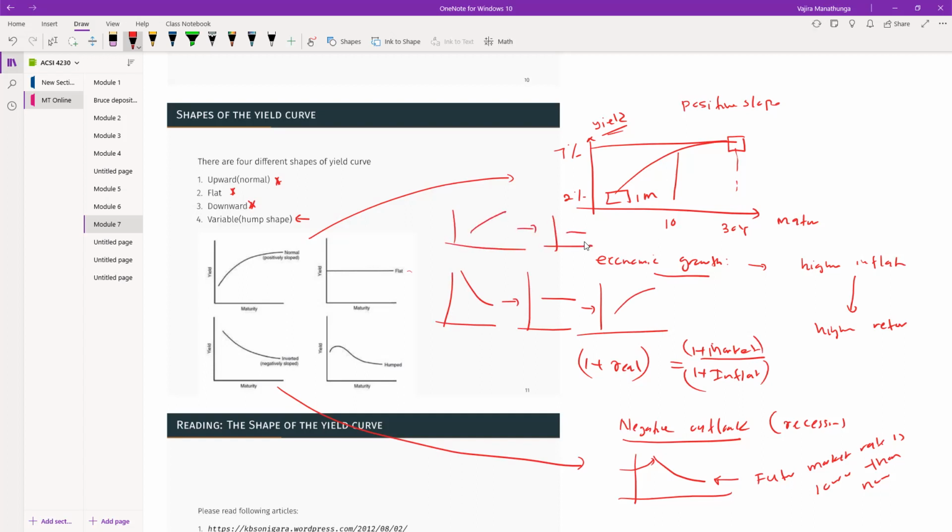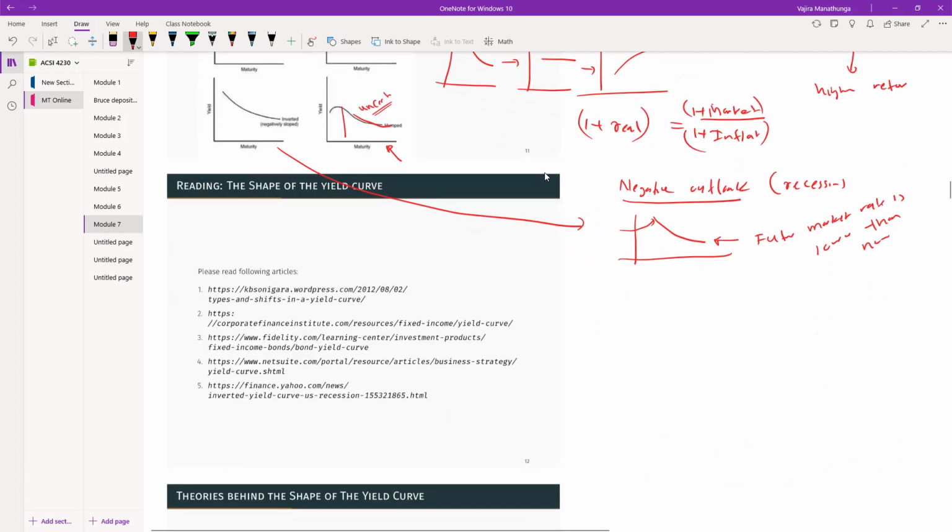It can become flat and then go to inverted. Sometimes you can also see that the instruments which mature in the middle, maybe 2, 3, or 5 years, have a little bit higher return. This is more like uncertainty: is it going to be recession, or is it more like a positive outlook? But it is more on the negative side. You can see that this side is humped, so the weight is more on the negative side. So that is another shape you can see.